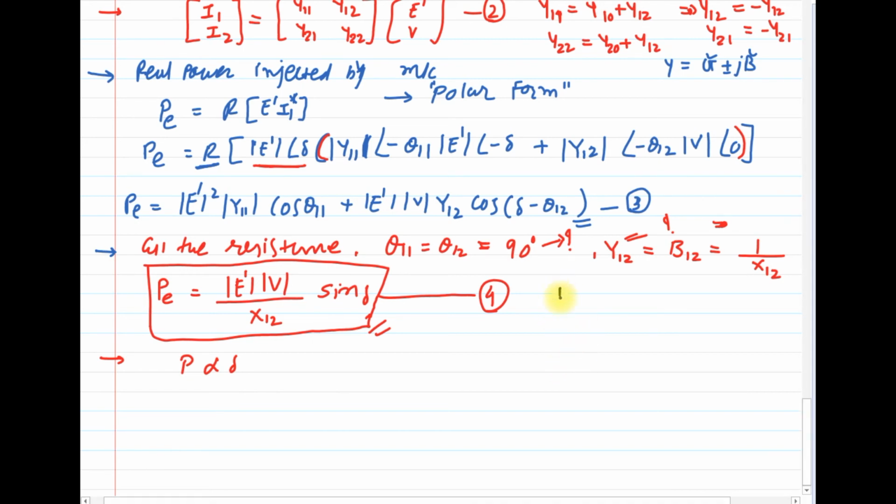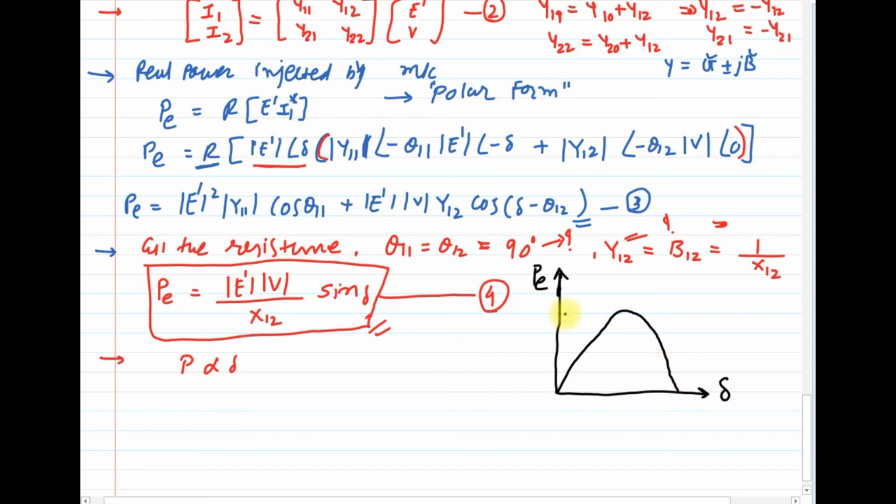From that I can plot the power versus angle curve, which is a famous curve. It shows the power delivered or generated by the machine with the angle delta, the relationship between P and delta, which is known as the P-delta curve.